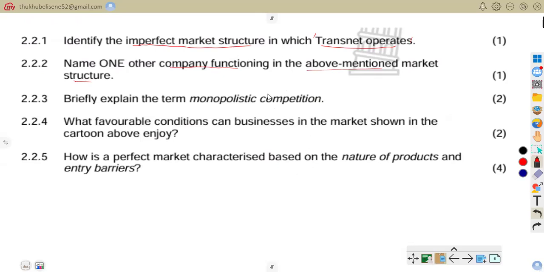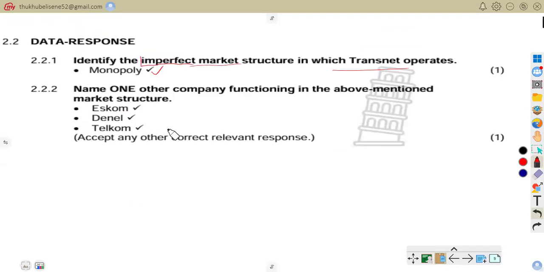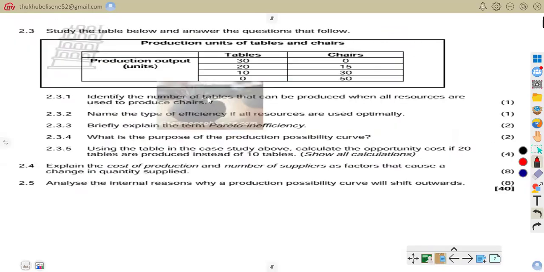Eskom is the only seller of electricity, a market with only one seller. Let us look at our answers. Here are other companies: Eskom, Telkom. You just accept any correct, relevant response. Now let us move on to another question.